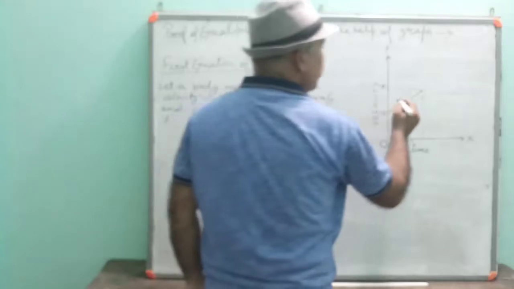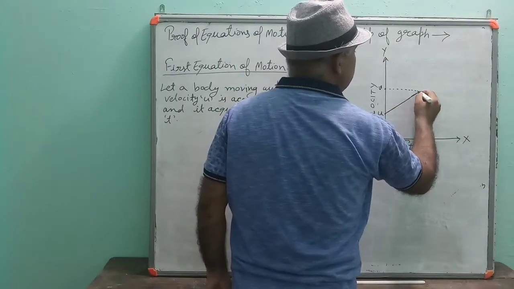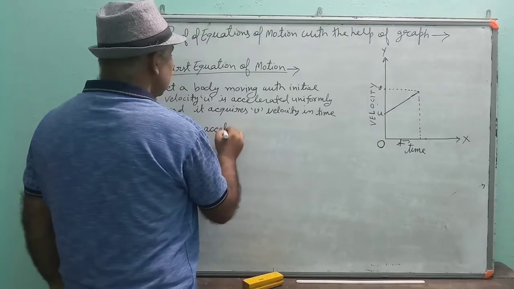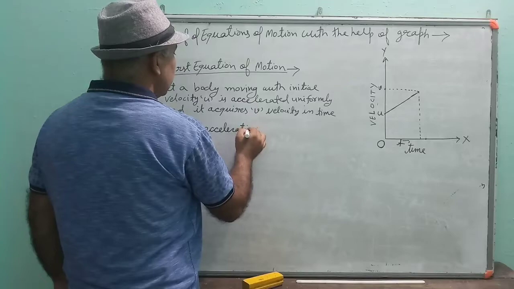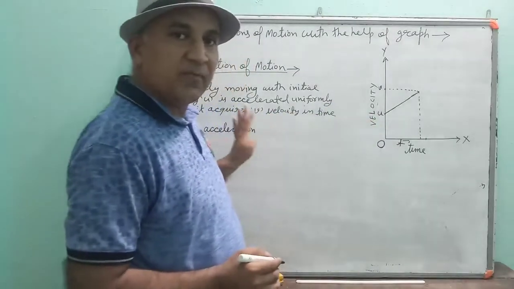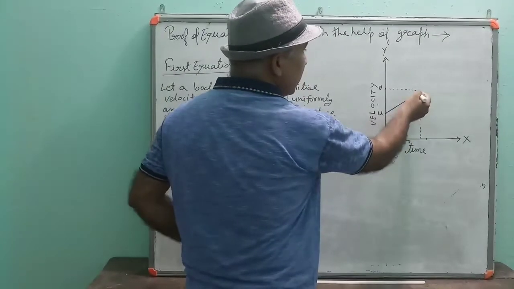Now see this. We know that with the graph denoted on velocity time axis, we can find the acceleration, and acceleration is the slope of the graph.